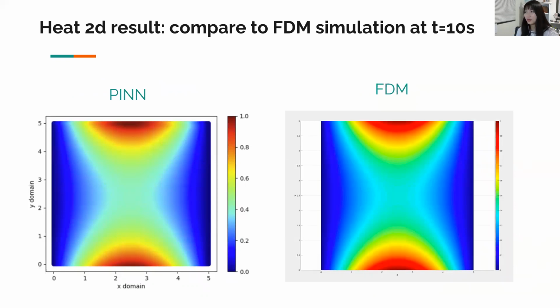And it's just a quick comparison of what the solution looks like when t equals 10 seconds. The left-hand side is from our PINN model, the right-hand side is from the FDM simulation result.